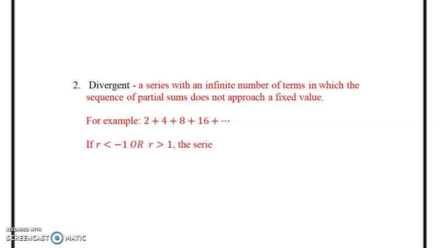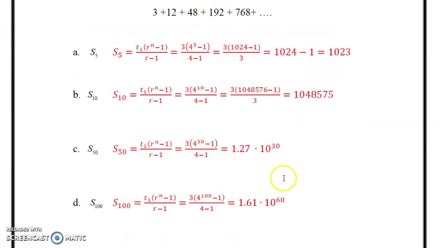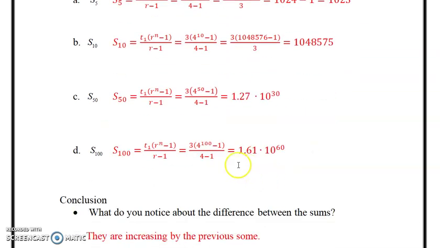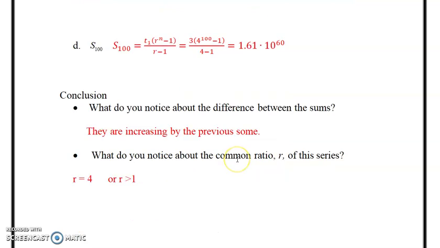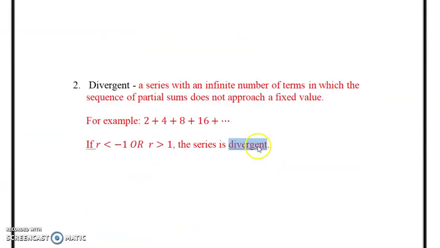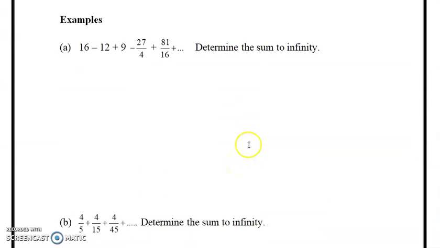The series is divergent, which we saw in the second example, 3, 12, 48, 120. We noticed that it kept going, and it goes on forever, essentially. And that's where the infinity comes into play. That's where we're going next.